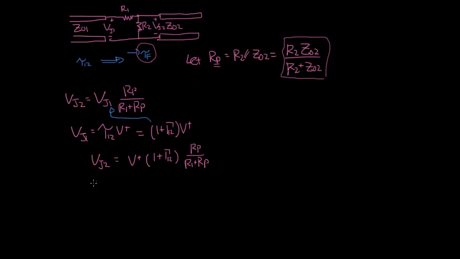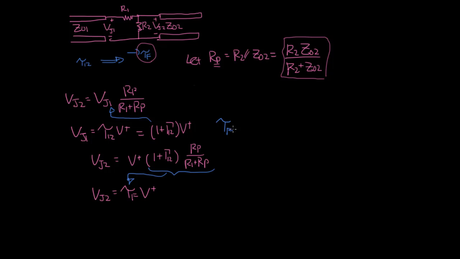And so now, remember, our ultimate goal is to figure out what this is in terms of V plus. So we want VJ2 to be equal to tau f V plus. That's how we want to end up using this tau f, which means if you're comparing the two, then this whole thing over here is our tau f.